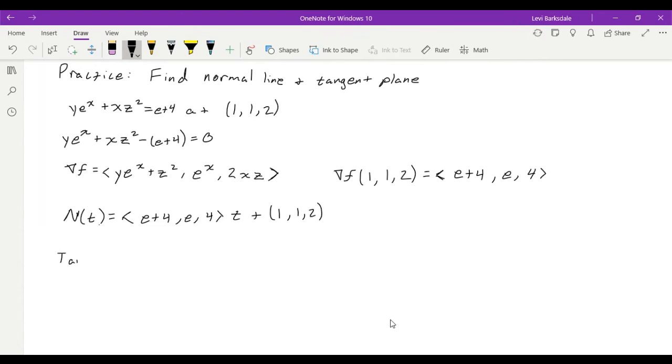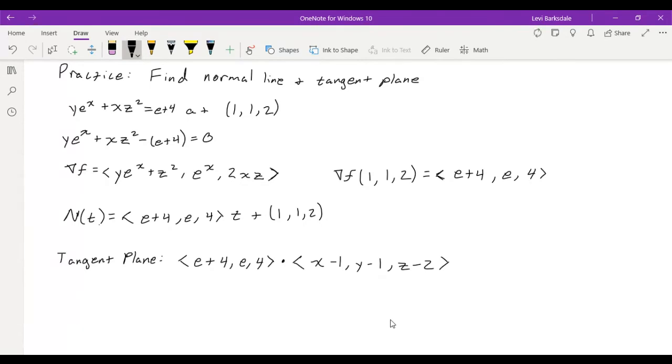We can also write our tangent plane, again, by taking the dot product between our normal vector, (e + 4, e, 4), and (x - 1, y - 1, z - 2).